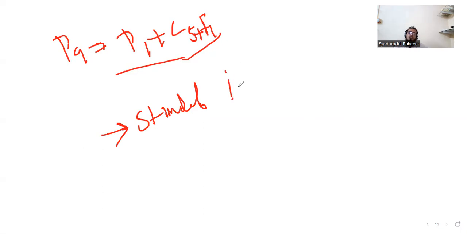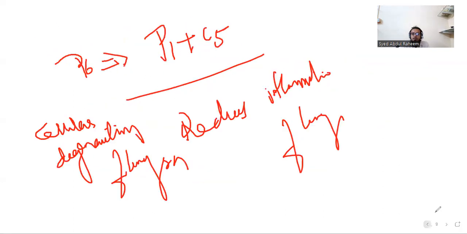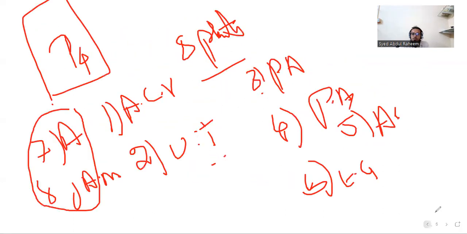Stimulate the nervous system for the upper respiratory tract with P1, and P2 for the lower respiratory tract. So I think you understood about the P group overall. P1, P2, P3, P4 are specific: P1 for the upper respiratory tract, P2 for the lower respiratory tract, alveoli and bronchi.